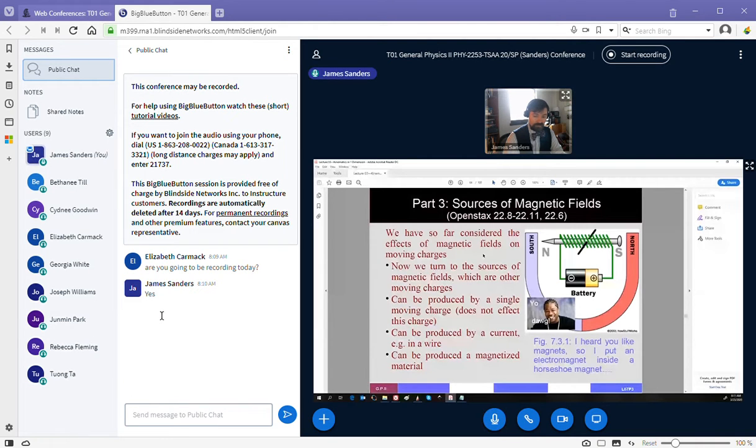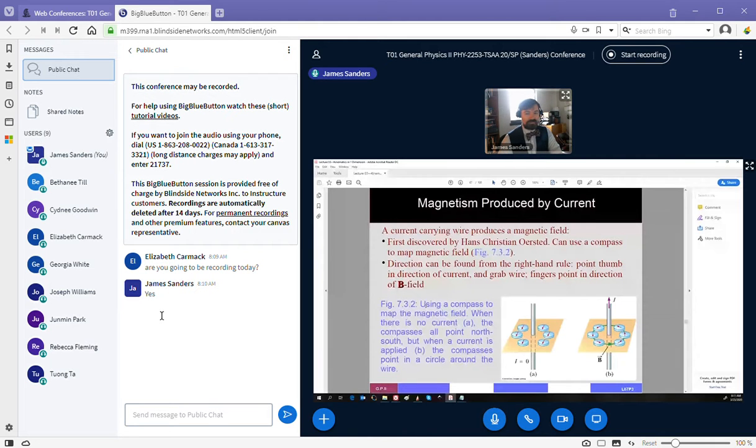first of all, is you can map out magnetic field lines by using a compass. I think I showed you this briefly in Friday's lecture, and so you have some compasses that are placed around this wire. There's no current.